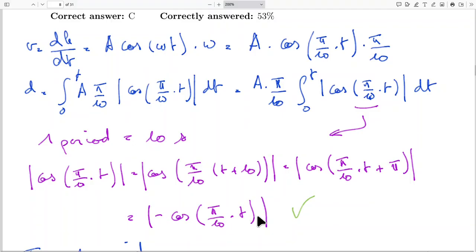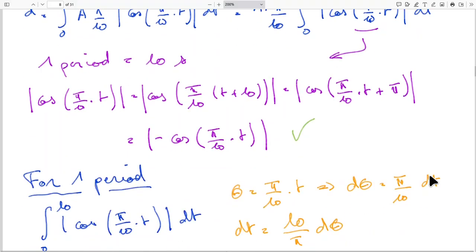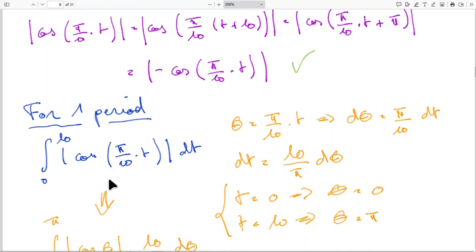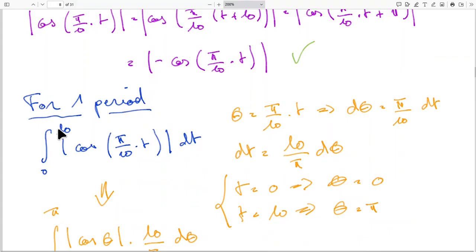Since it's an absolute value, these are equal. So one period of this thing is 10 seconds. Now for one period, we can take the integral from 0 to 10 of the absolute value of cos(π/10 t).